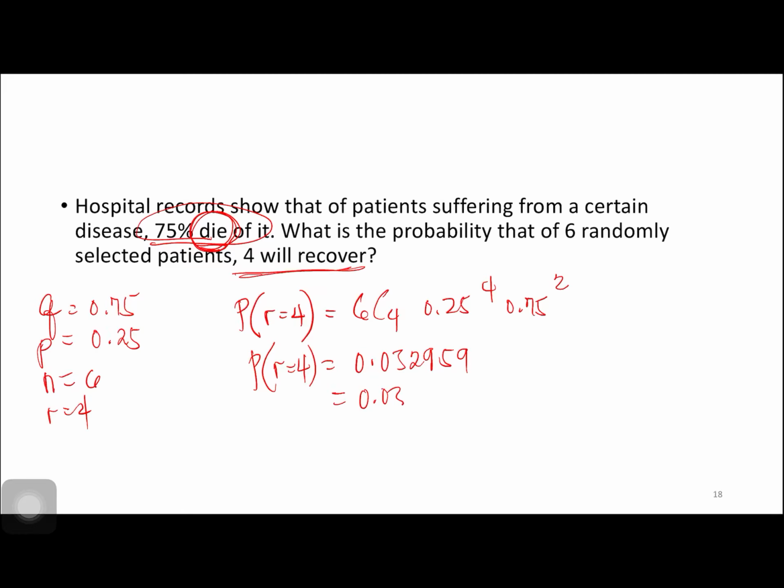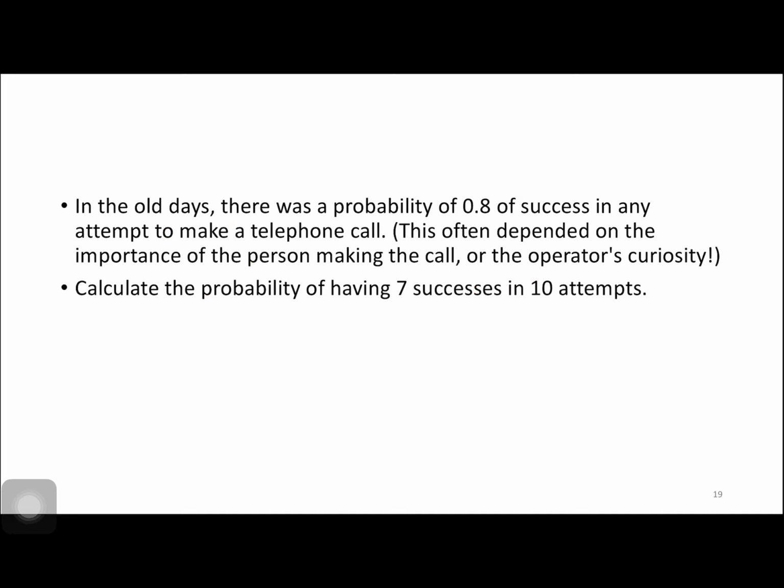Okay. Next. Another example. In the old days, there was a probability of 0.8 of success in any attempt to make a telephone call. So this often depended on the importance of the person making the call or the operator's curiosity. Calculate the probability of having 7 successes in 10 attempts.